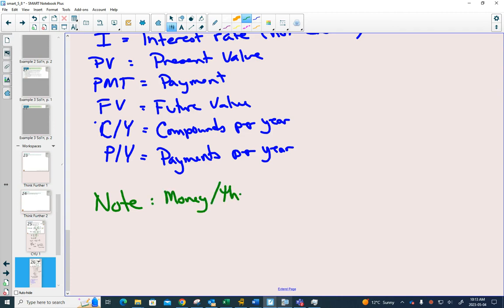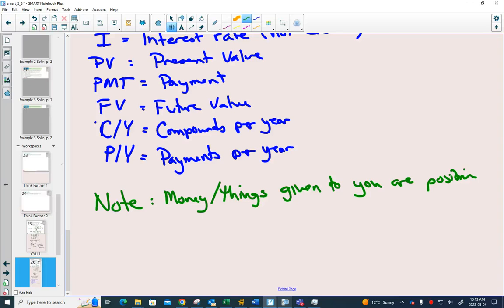So in our question, and a note, money or things given to you, like they give you the car, that's basically them giving you $15,000, okay?